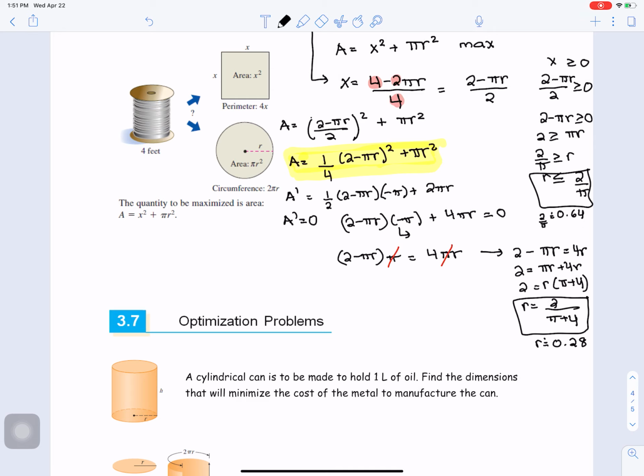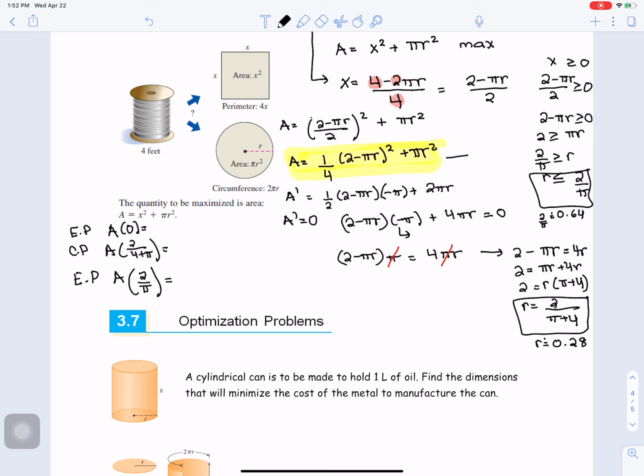So that means that this would be a critical point. So now I need to try my critical point, which was 2 over 4 plus pi, and I need to check my other end point, which is area at 2 over pi for r.